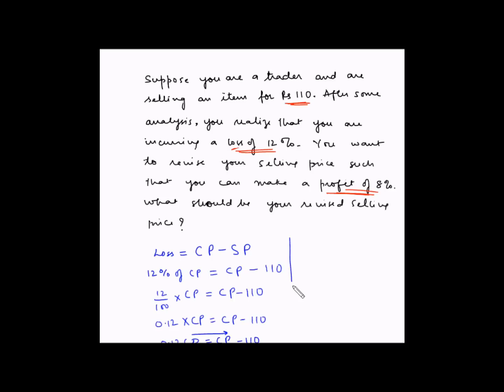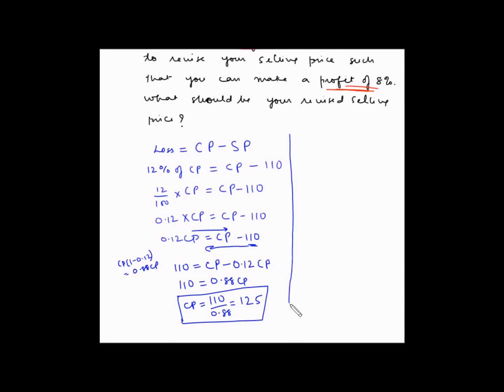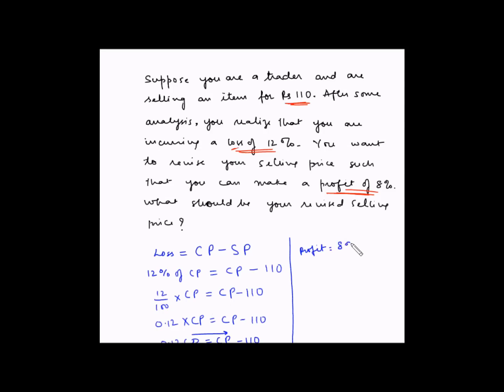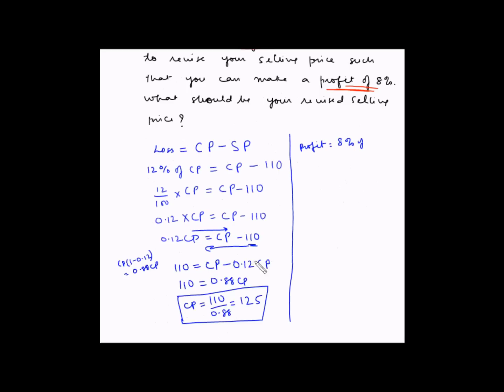Now once we know the current cost price, we can then add a profit of 8% to it to obtain the revised selling price. So here let's first find out the profit. So profit is equal to 8% of the cost price, which is 125.